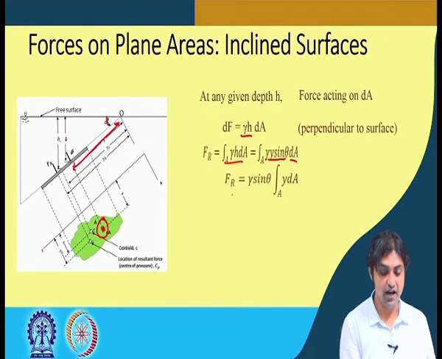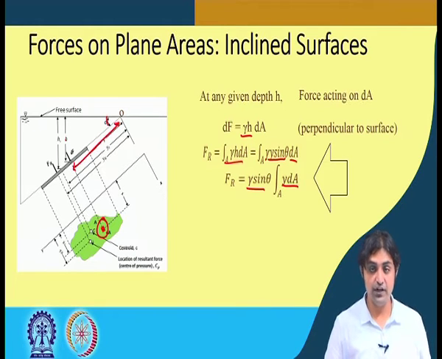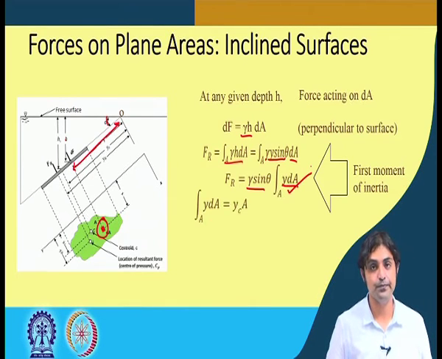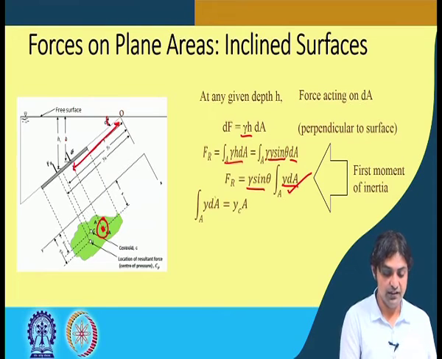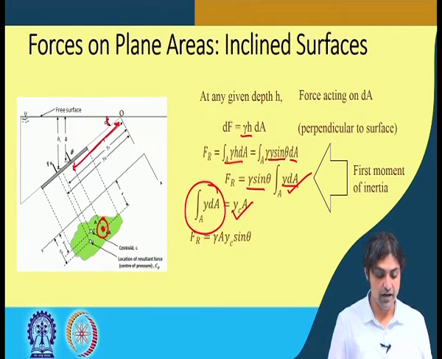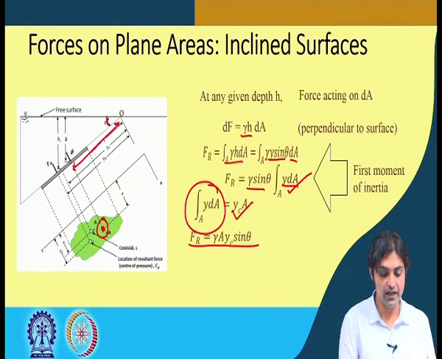So FR can be written as gamma sin theta can come out, and this is integral of y dA. Very important, if you remember from your earlier classes, this is the first moment of area, and this integral y dA can be written as yc into A, where yc is the location of the centroid of the object, and FR can be written as gamma A yc sin theta.